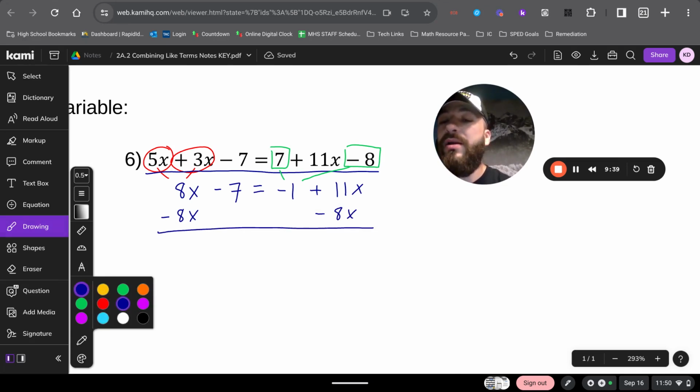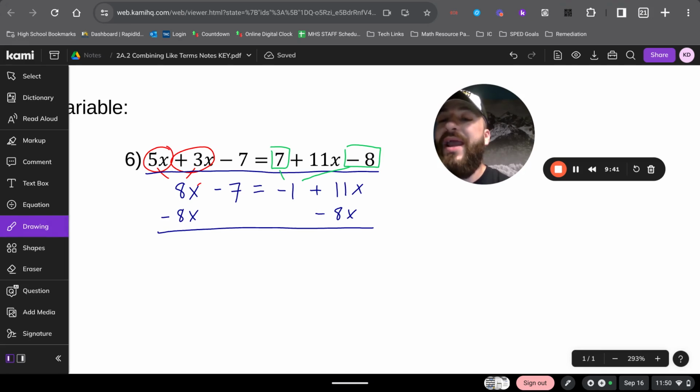Over here on the left side, my 8x and negative 8x is going to cancel out. That leaves me with negative 7 is equal to negative 1, 11 minus 8 would be 3. Okay, from here, I want to get those numbers to the same side, so I can add 1 to both sides.